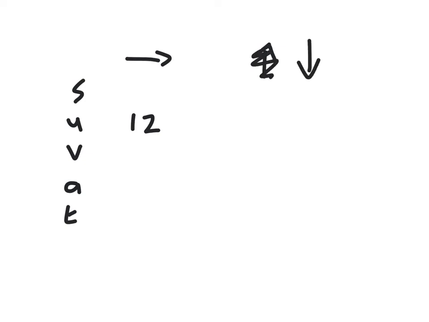For part C we need to do some more of this. Yes, U, V, A, T. U is 20 cos alpha, which we worked out to be 12. Oh, let's go that way.